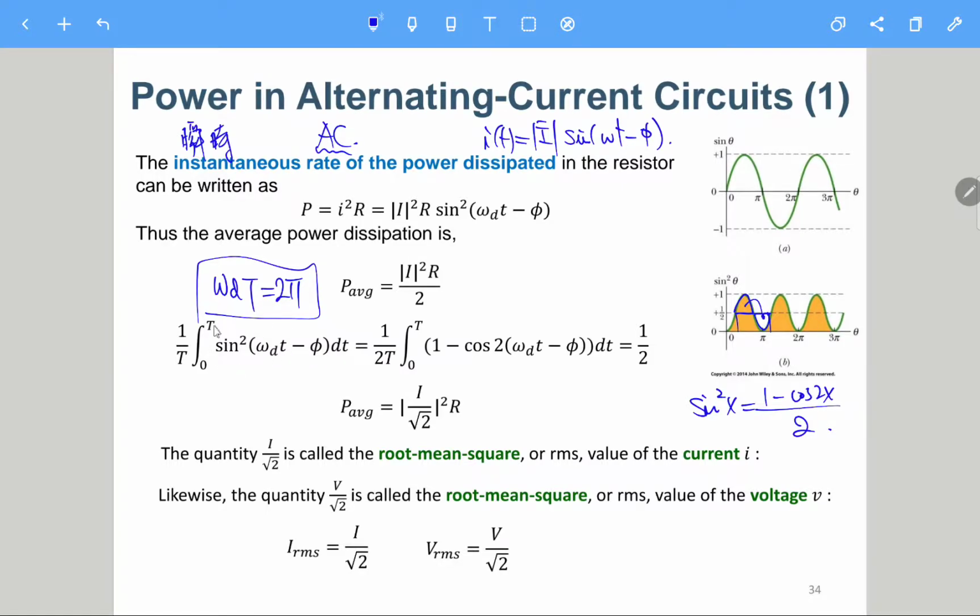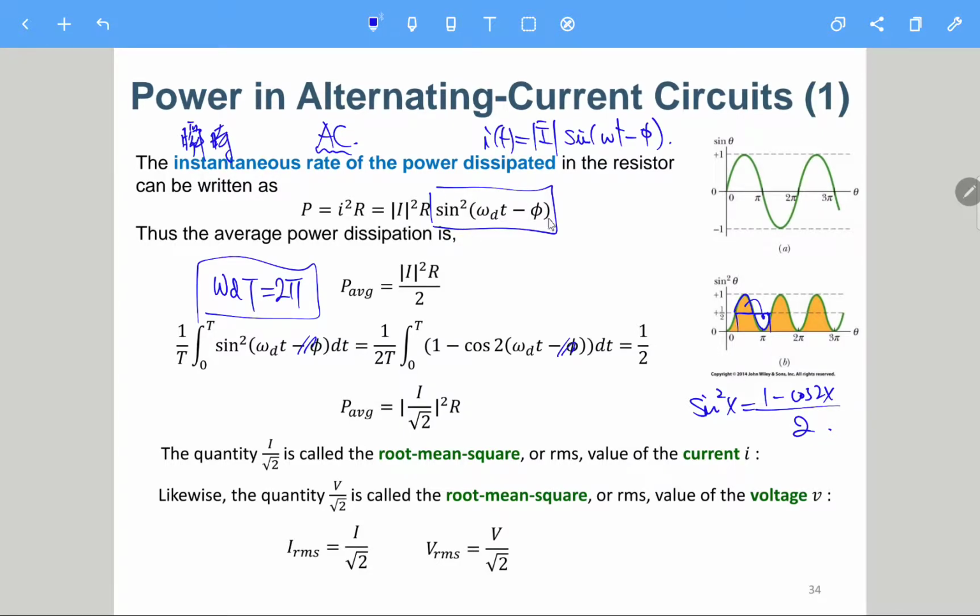And we can do the integration, and we don't necessarily need to care about the phase. For this one, it is nothing but this. So we have a 1, which means that we actually take the integration for this part, because this is just a constant.